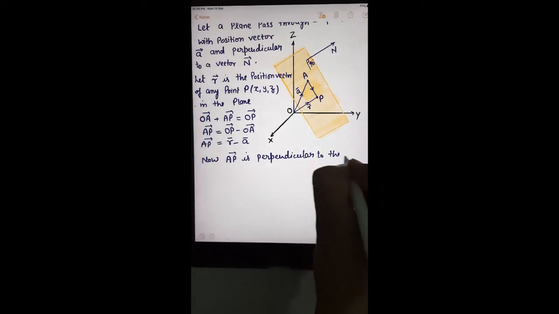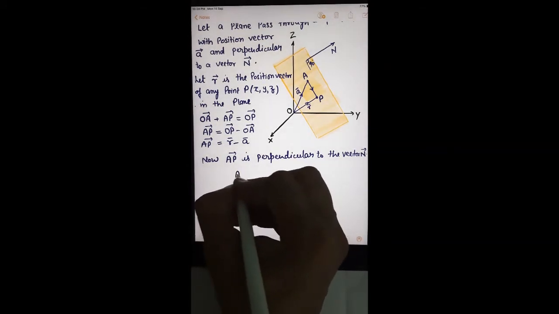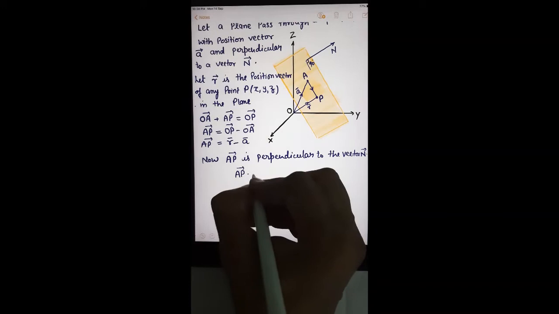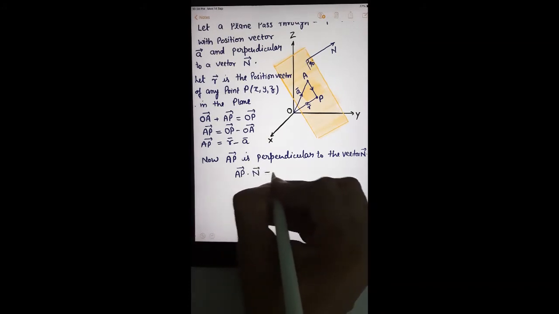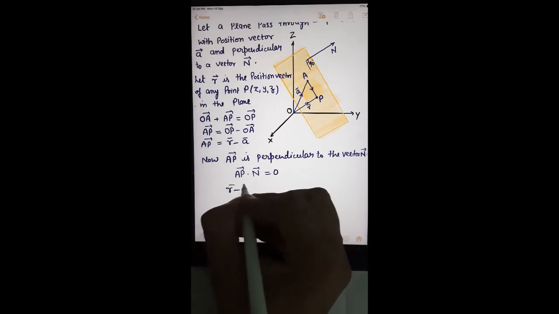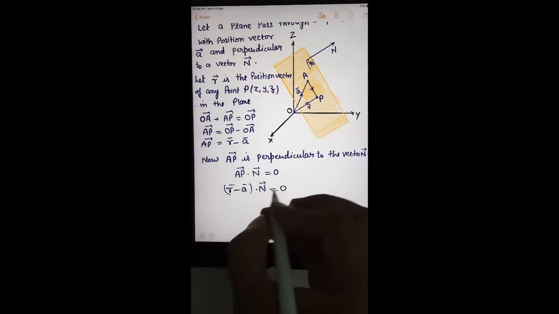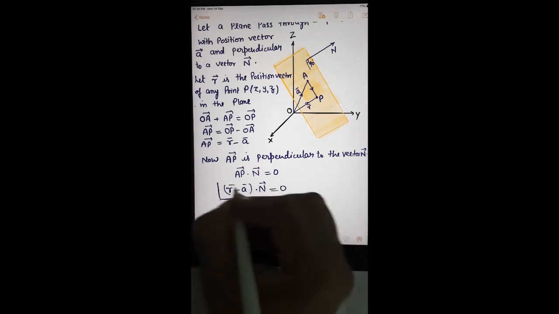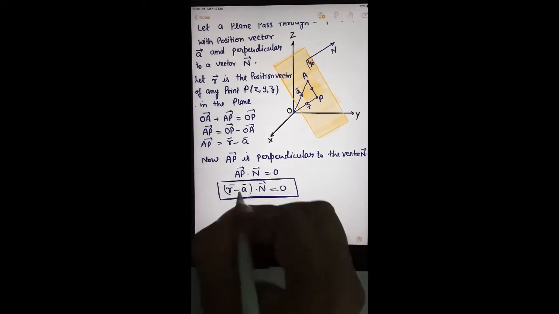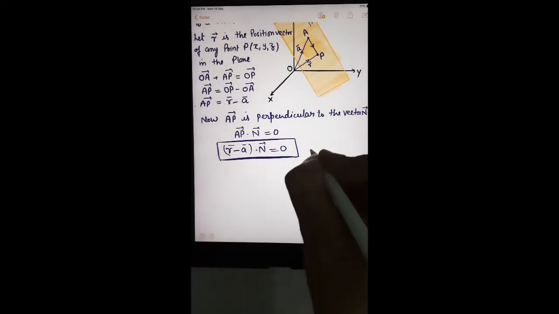Therefore AP dot n is equal to 0, and vector AP can be written as (r minus a) dot n equals 0. So this is the equation of a plane passing through a given point and perpendicular to a given vector. So this is the vector form.